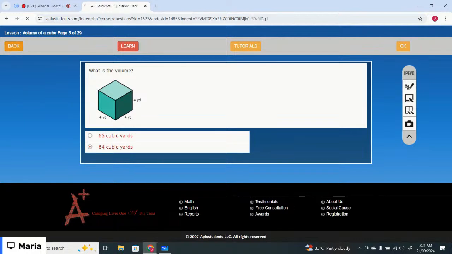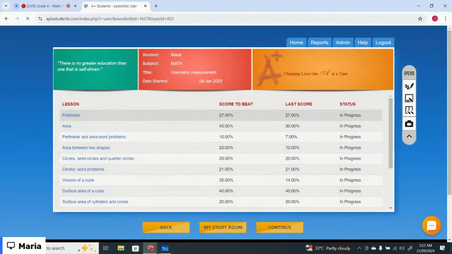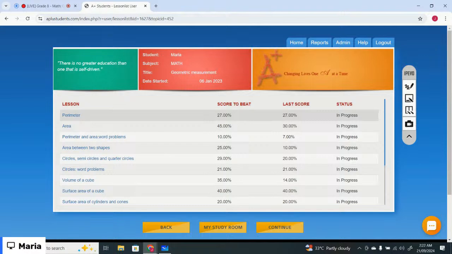The next lesson is surface area of cube.